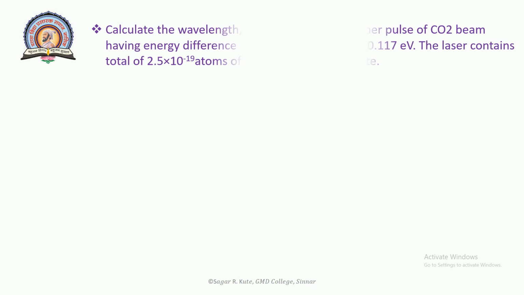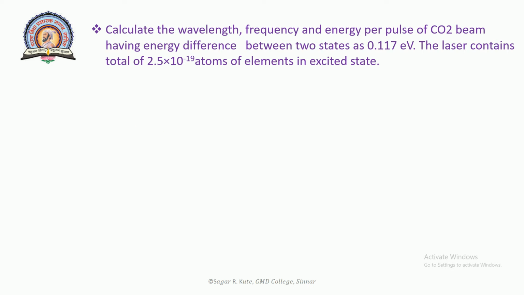Now, second example. Calculate the wavelength, frequency and energy per pulse of a carbon dioxide beam having an energy difference between two states of 0.117 electron volt. The laser contains a total of 2.5 into 10 raised to 19 atoms of the element in the excited state.